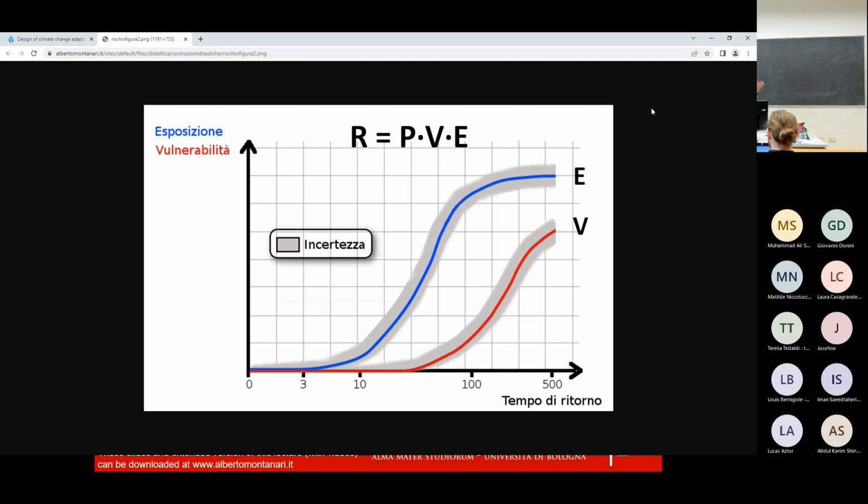There are some simple procedures, like, for instance, ensemble simulation. Climate models use ensemble simulation to estimate uncertainty. But I mean, it's an issue that is still in the realm of scientific activities. And also for exposure, you usually have a socioeconomic model to relate the exposure to the intensity of the event or return period.